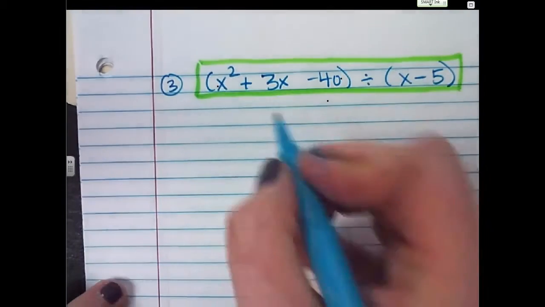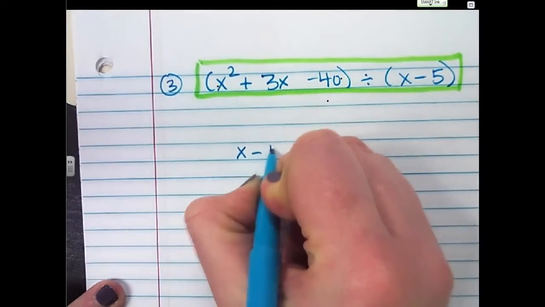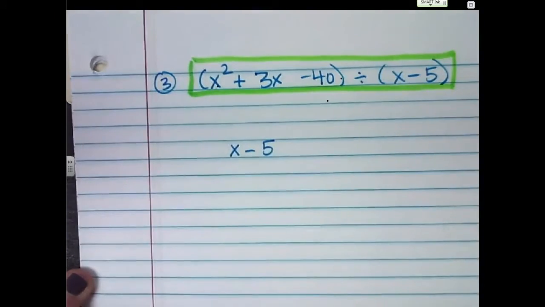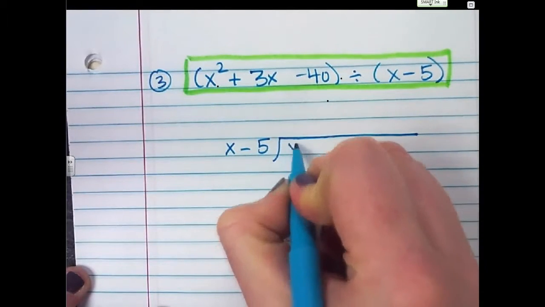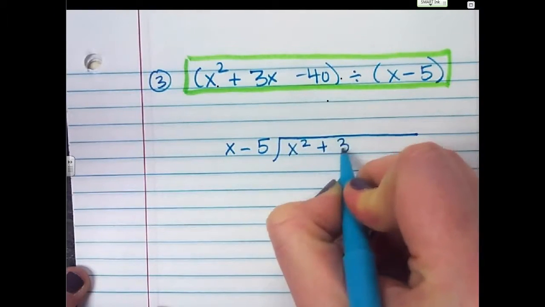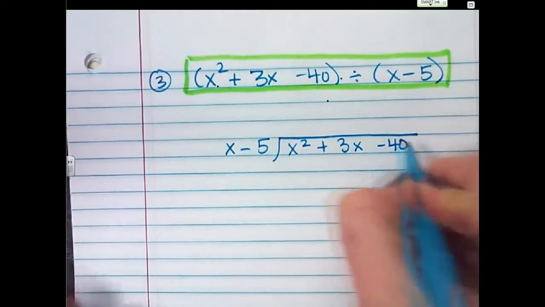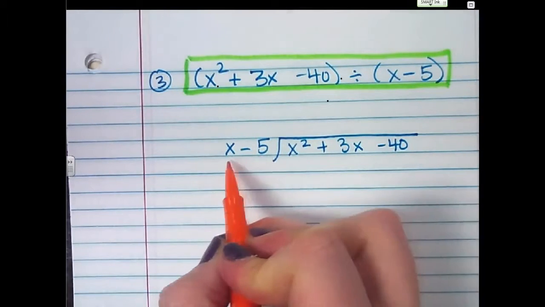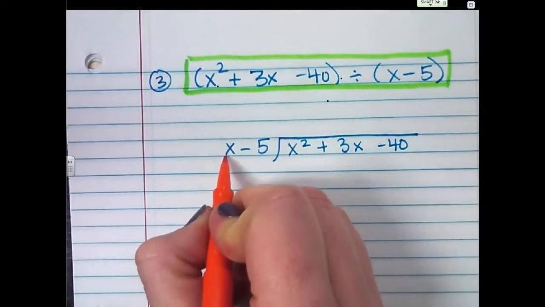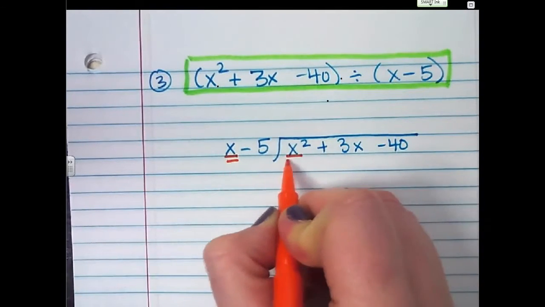I promise. Okay, so the smaller one goes on the outside. x minus 5 is our divisor. And on the inside goes x squared plus 3x minus 40. Let's do that. So similar start, except instead of just a number out here, I have 2 things. So we're only going to focus on this first one and this first one.